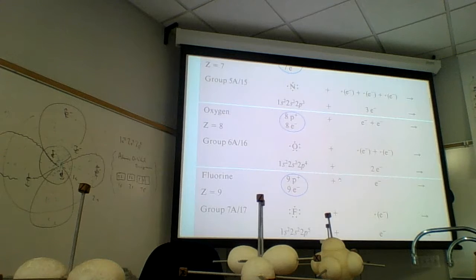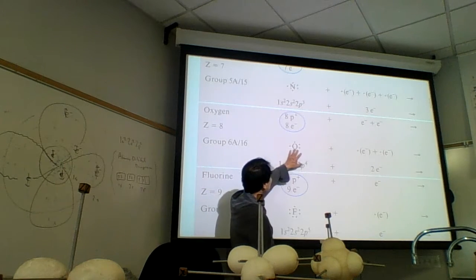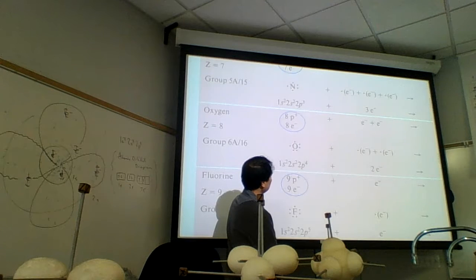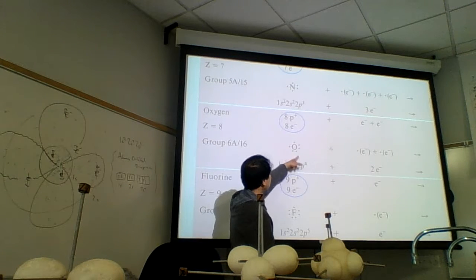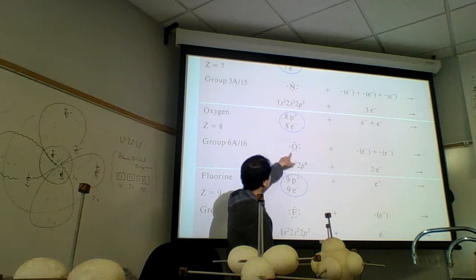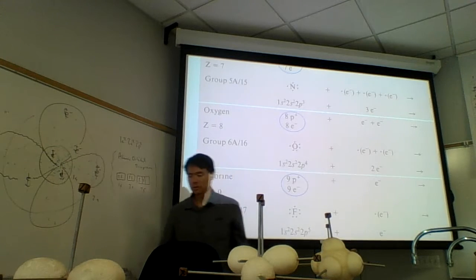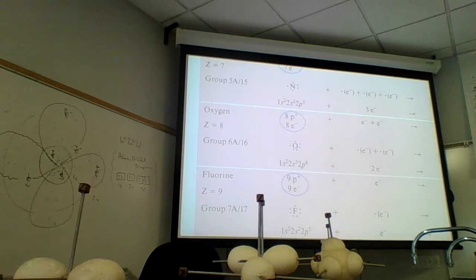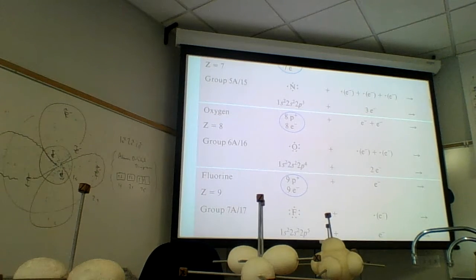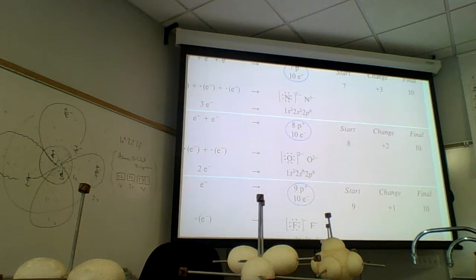Oxygen has 6 valence electrons. Oxygen is a more powerful oxidizer. It only needs 2 electrons to complete its outermost shell, its valence shell. And so oxygen is a pretty decent oxidizer, and it can gain those 2 electrons to form oxide.